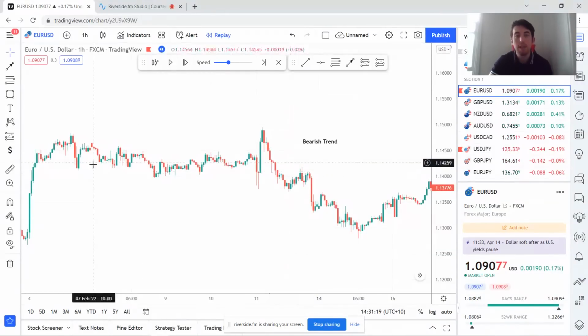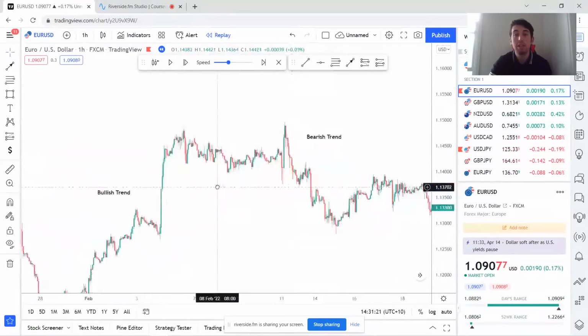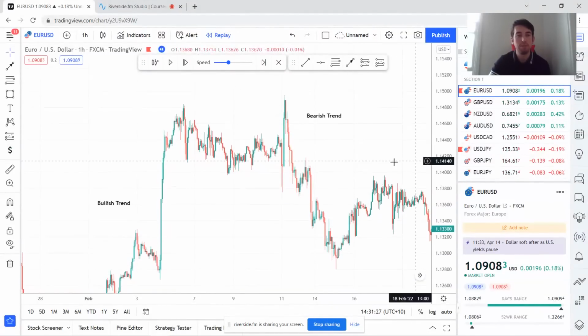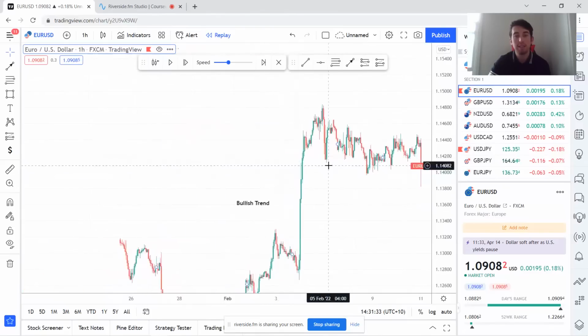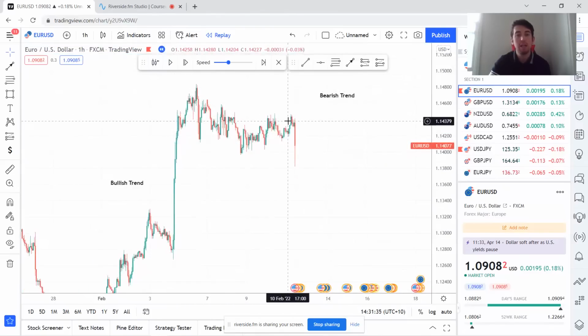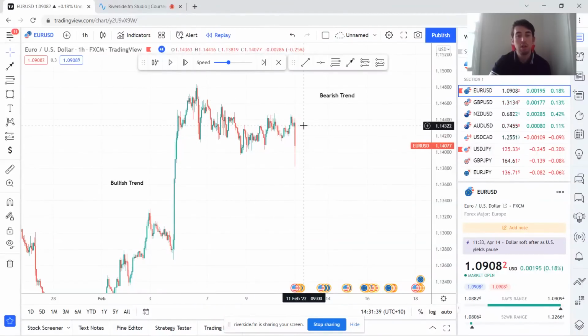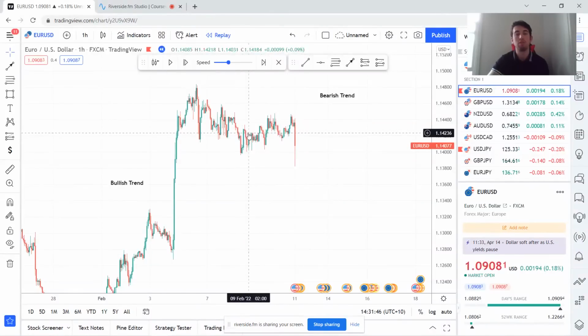However, there is a third option here, which doesn't really happen that often. It's more of a horizontal movement. Let's say we look at the market right here. Although, yes, we can see from here to here, the market is trending down in a downwards fashion, we can also see that from really here on in, it starts to move in a more horizontal fashion.